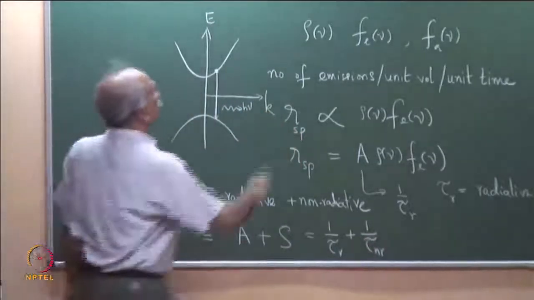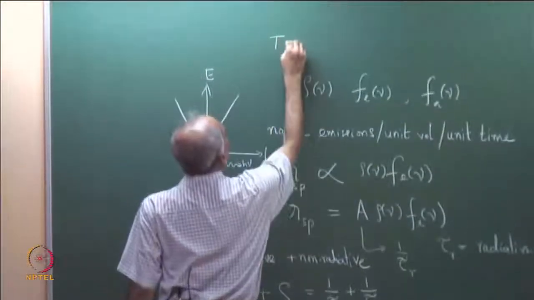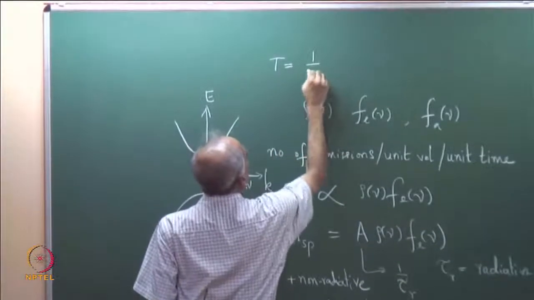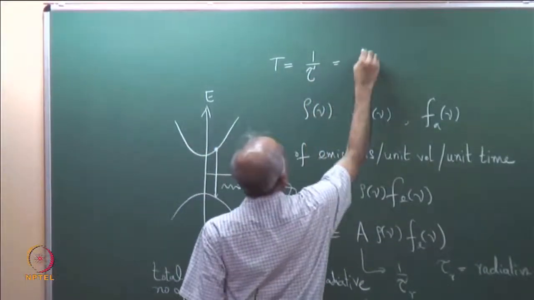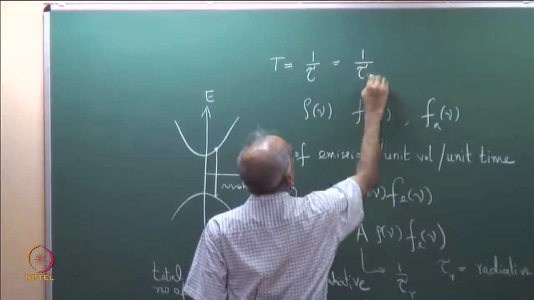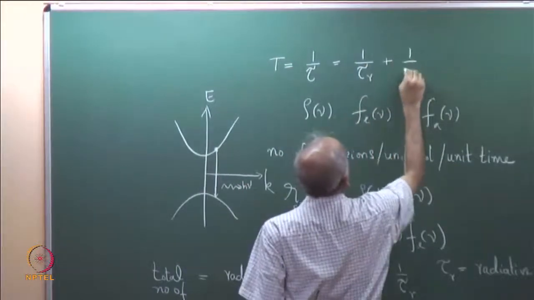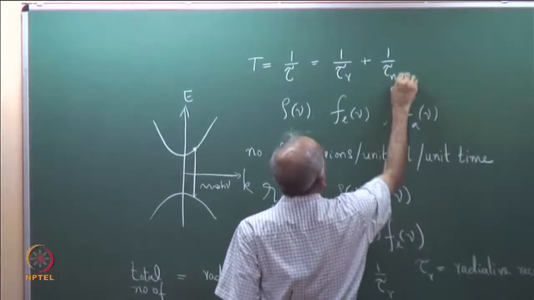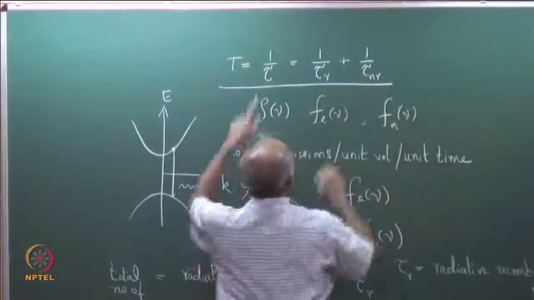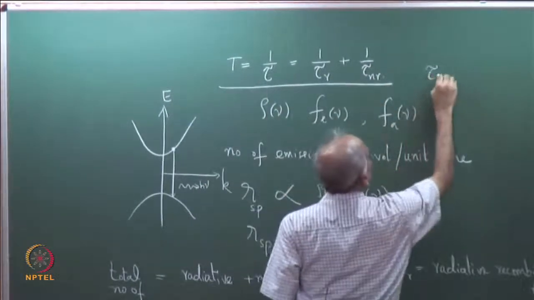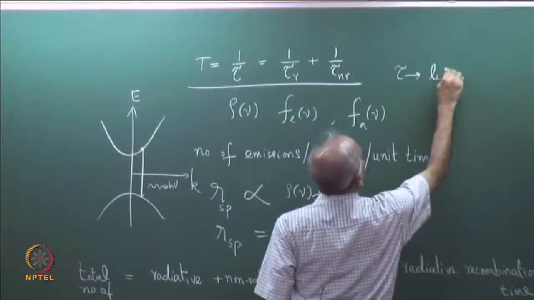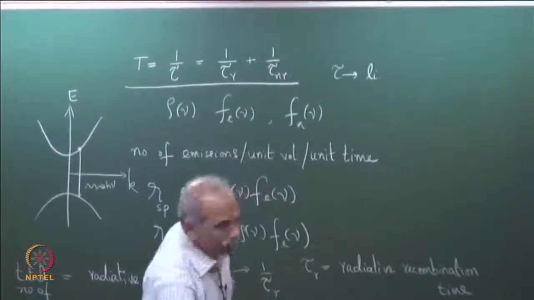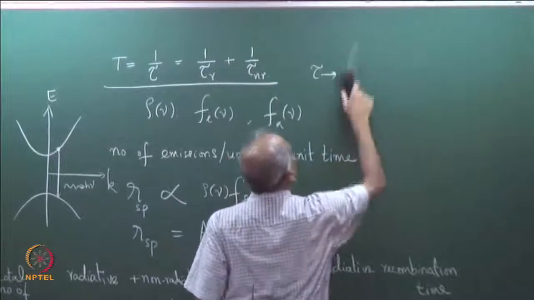In other words, T is equal to 1 divided by tau, which is equal to 1 divided by tau r plus 1 divided by tau nr, where tau is the lifetime of the transition, the spontaneous recombination time.